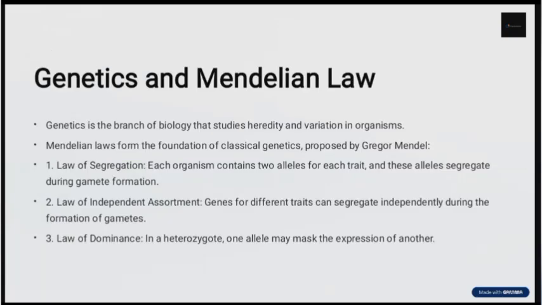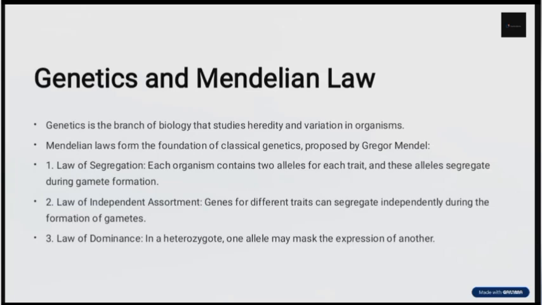Okay, so a quick recap. Genetics is what? Genetics is a branch of biology that studies heredity and variations in organisms. Alright, so I will explain now. Hope all of us are still together, ba? Okay.